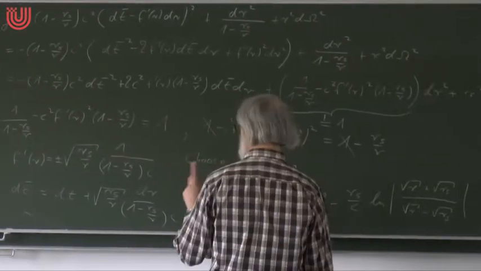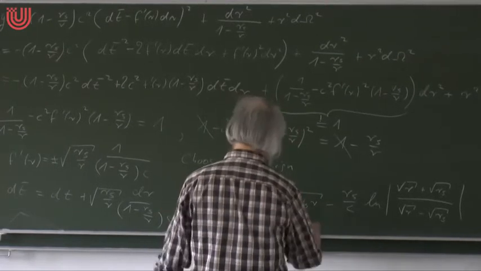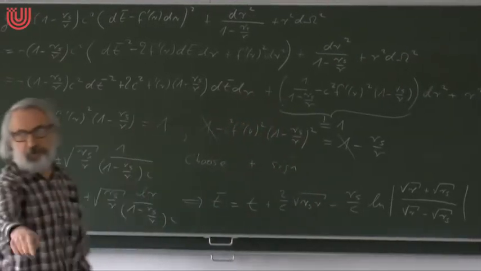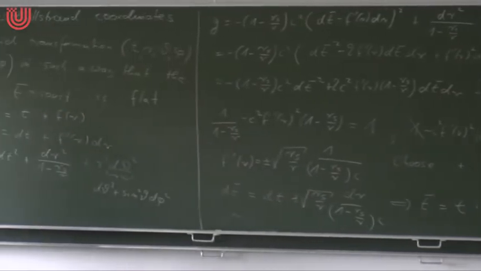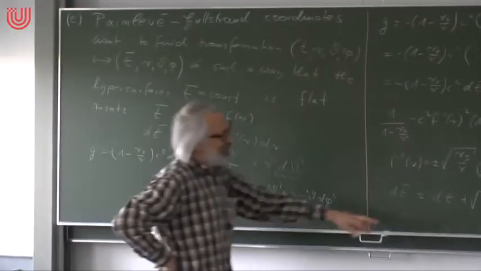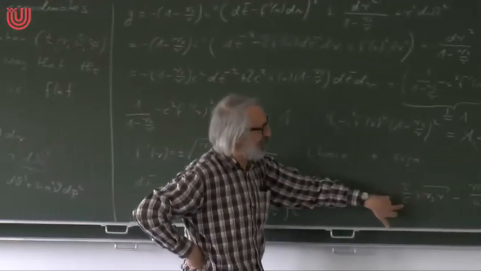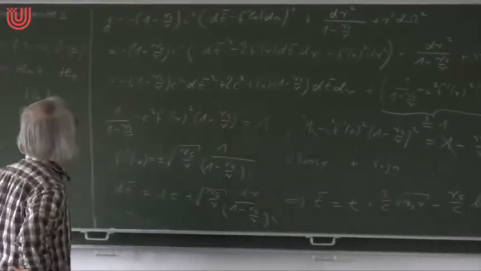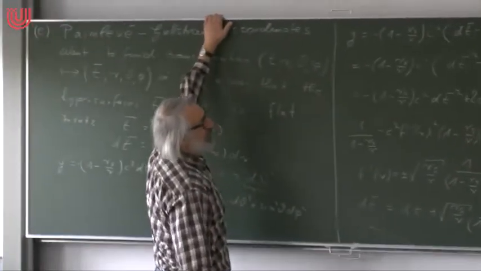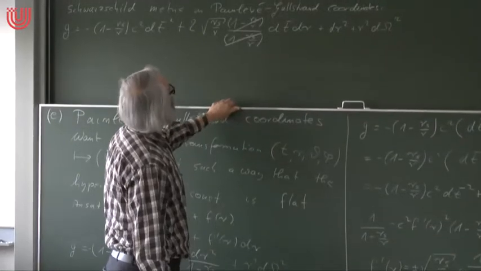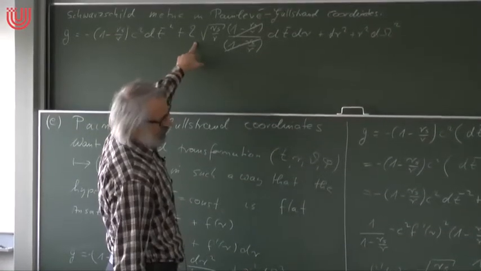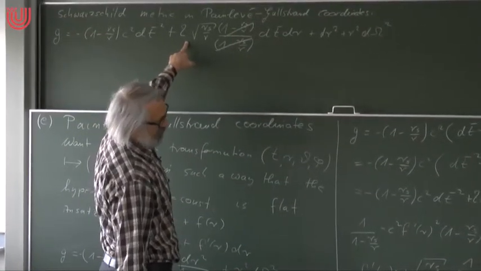And now what? Now it becomes interesting. This was correct because I copied this from my notes. So here is the 1 over c, which I forgot on the board, but here it is present. So then the metric is probably also wrong. There's also a c squared missing here. Is that true?